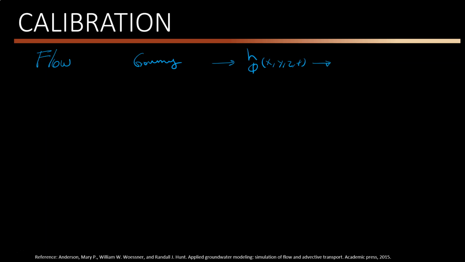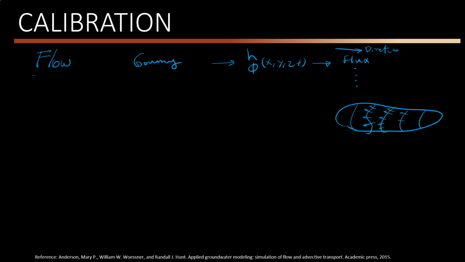Based on that, we can post-process this information and find the gradient, the directions, the flux, and so much other information. But groundwater modeling does not stop here. We usually want to find how the head is distributed within the system. We want to find the groundwater head contours because we want to find the groundwater velocity and direction at each location.